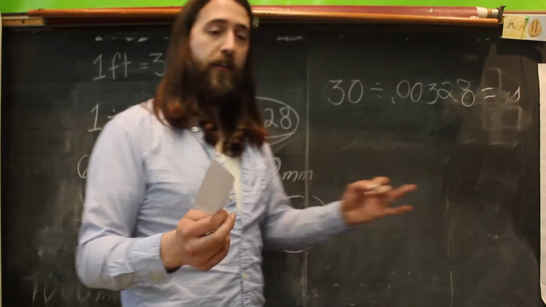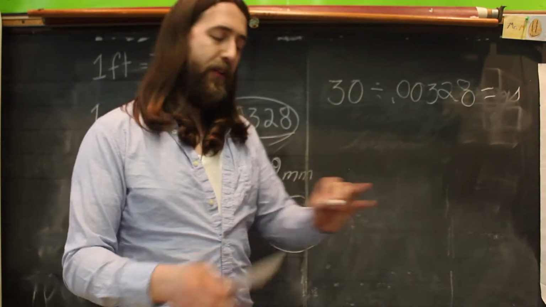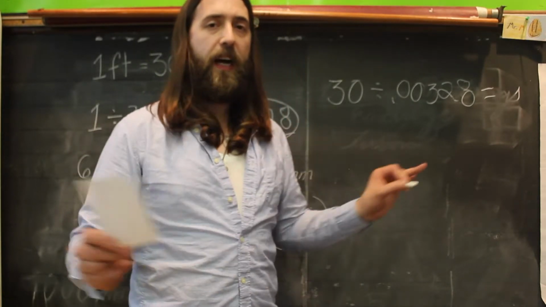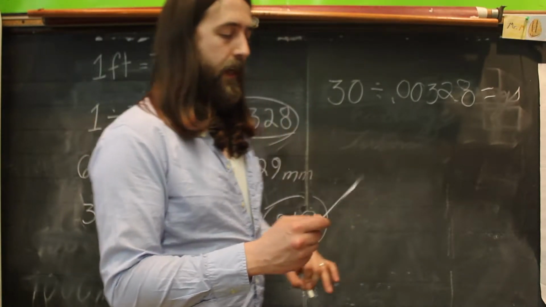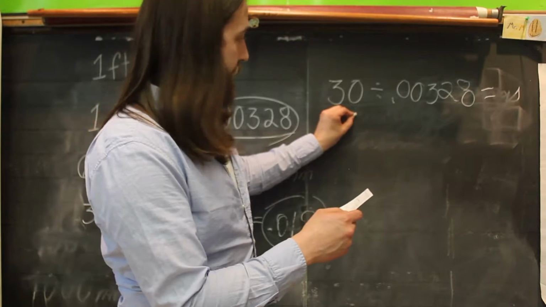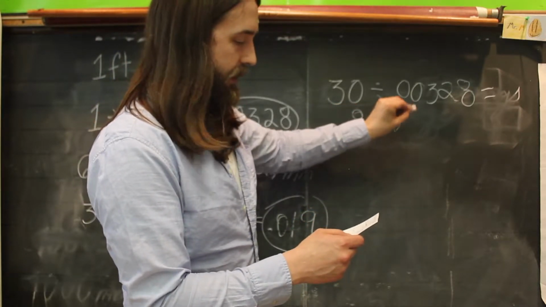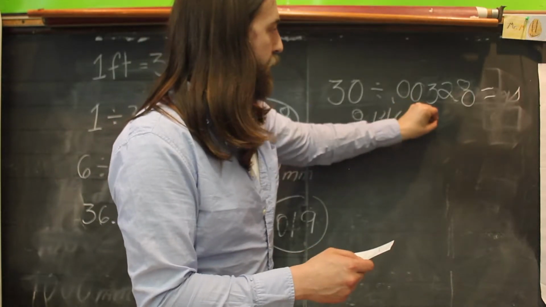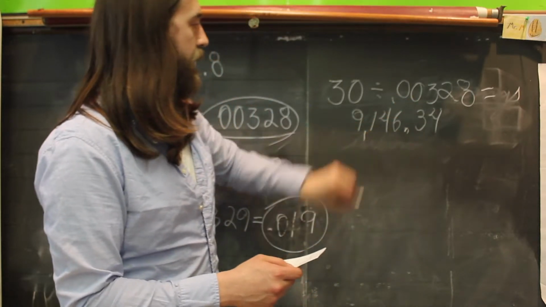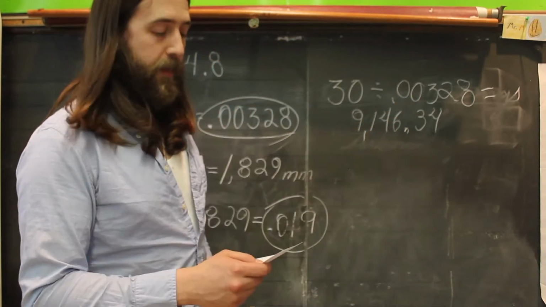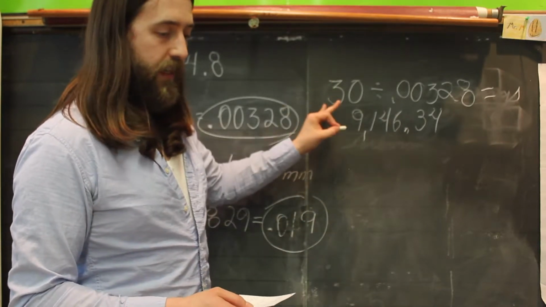I've done all of the math already, and I was trying to hide it on the table. I'm not going to try to do that anymore. And so what that gives us is 9,146 and 34 hundredths. That is how many millimeters are in a 30-foot statue.